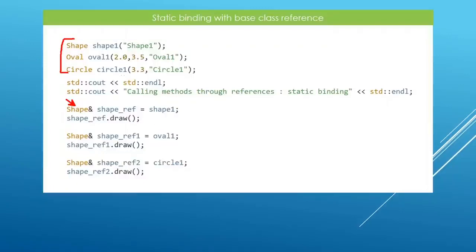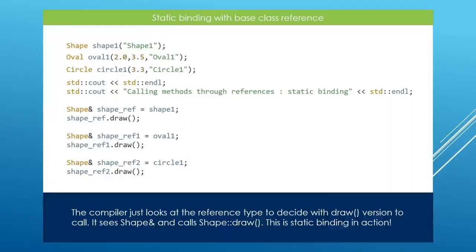So if our base reference is managing a shape, we will get the shape draw method called. If our base reference is managing an oval object, we want the oval draw method to be called here. And if our base reference is managing a circle object, we want the circle draw method called here. This is what we want.